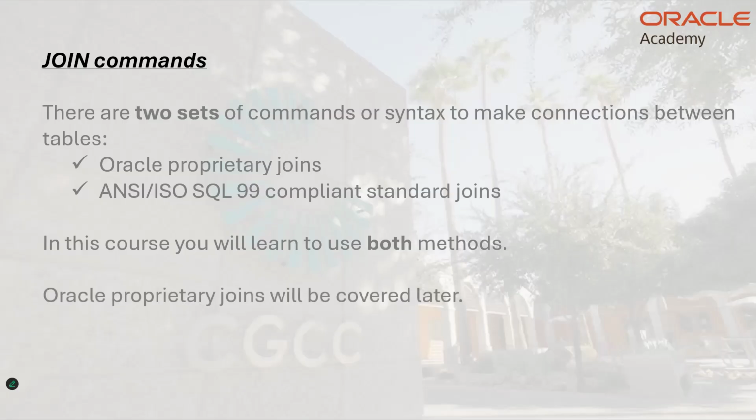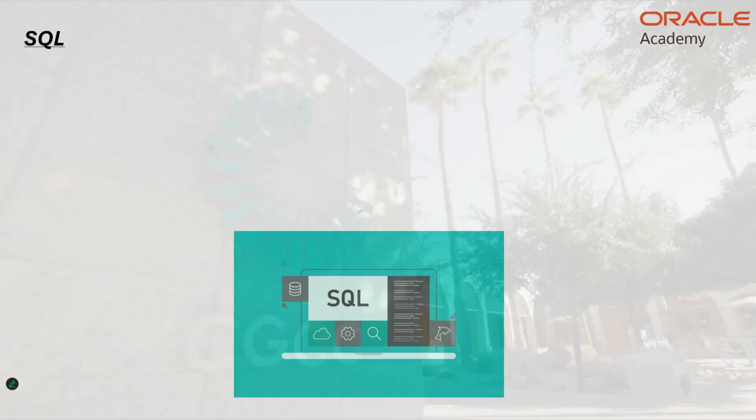But we're going to primarily focus on the ANSI 99 right now. We're going to cover the proprietary joins, which is actually a little bit easier, but I think it makes more sense to learn the ANSI 99 first.